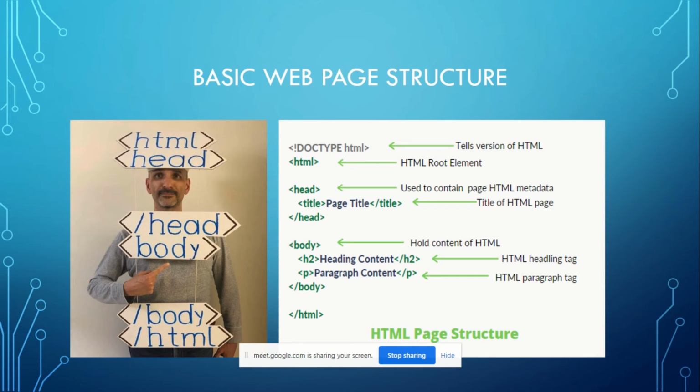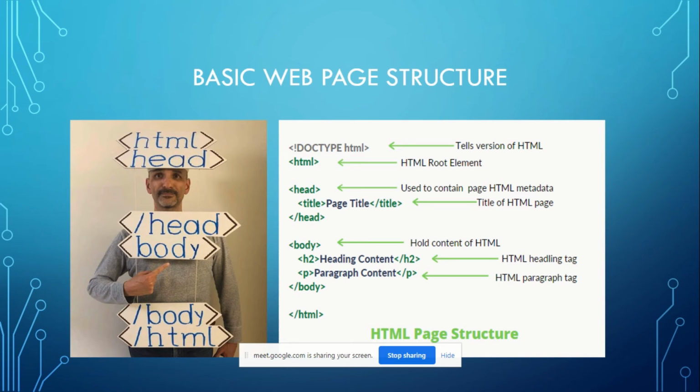After that, you go to HTML, which is the root element. You go to the head section, which has the opening head tag and the closing head tag. In between the opening and the closing tag, we have the title tag and the meta tag.